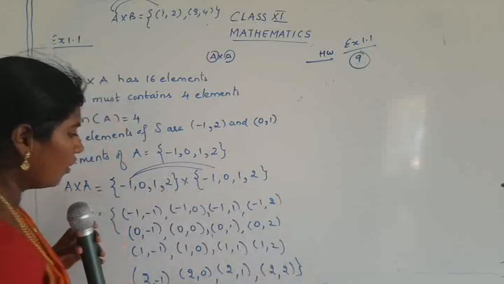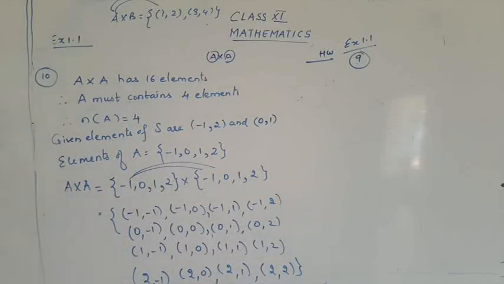So I have found all the 16 elements of A cross A.